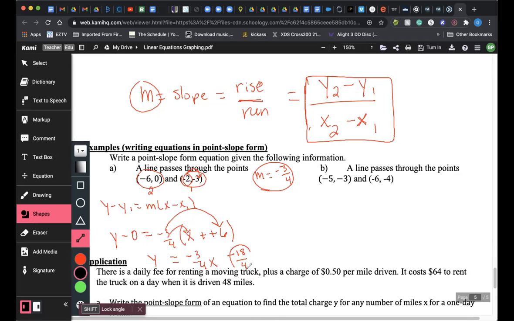I can reduce this fraction because I can reduce it by 2. I'm going to get -9/2. So my equation is y equals -3/4 x minus 9/2. That is my equation.